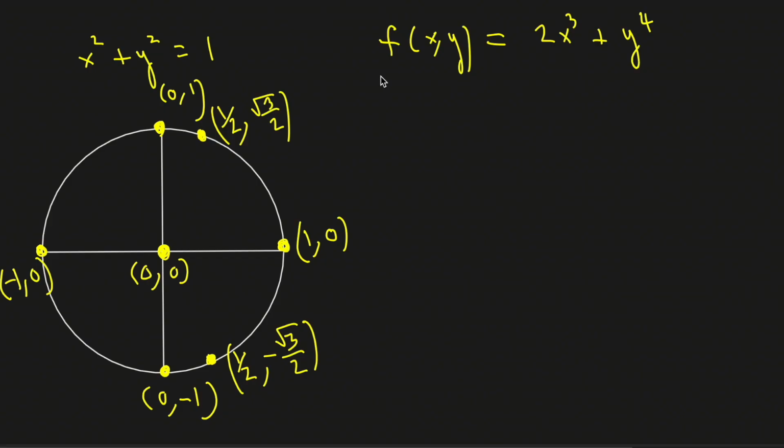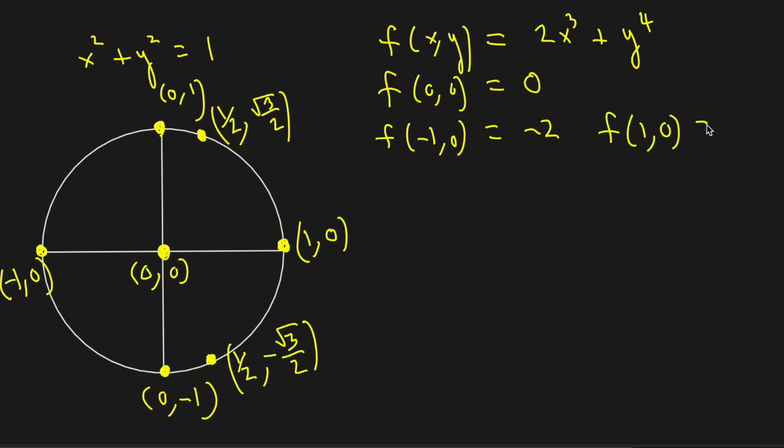So recall, this was our original function, and we're going to evaluate it at each of these ordered pairs. First, (0, 0). Plugging that into the function, we get 0. (-1, 0), we find is -2. (1, 0), we find is 2. f of (0, -1) is the same as f of (0, 1), and that's just equal to 1.